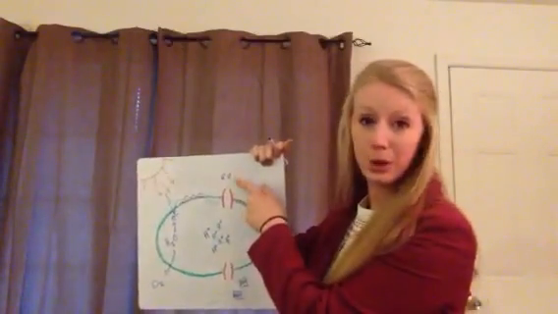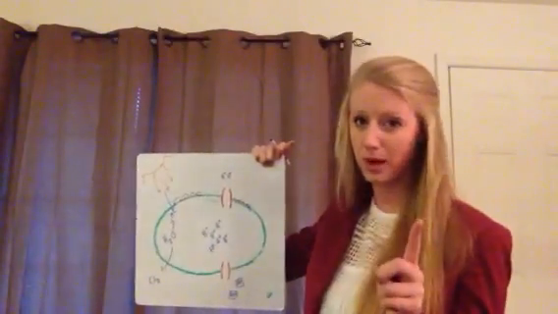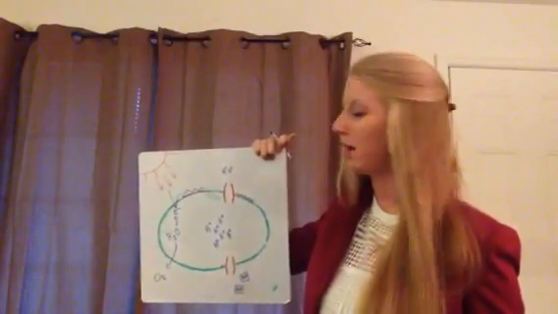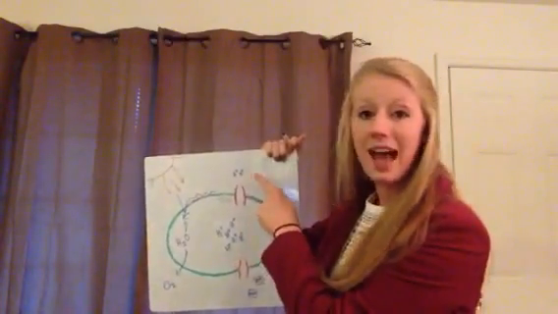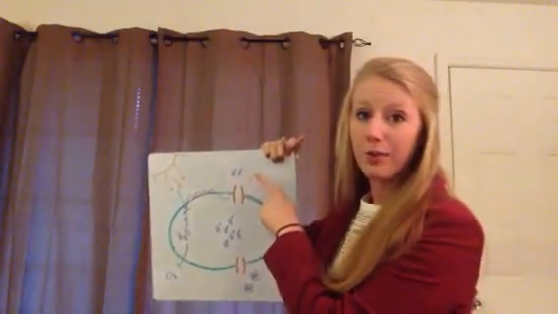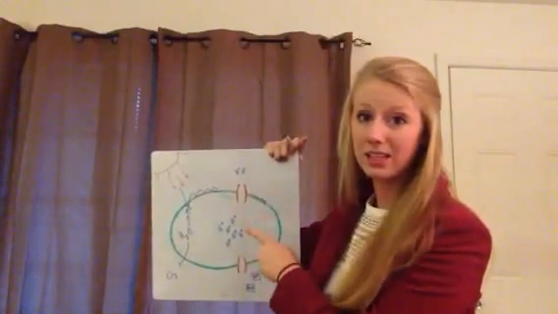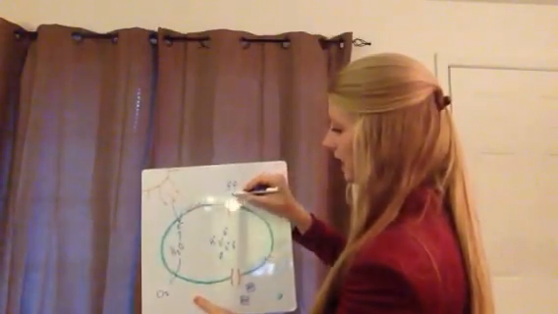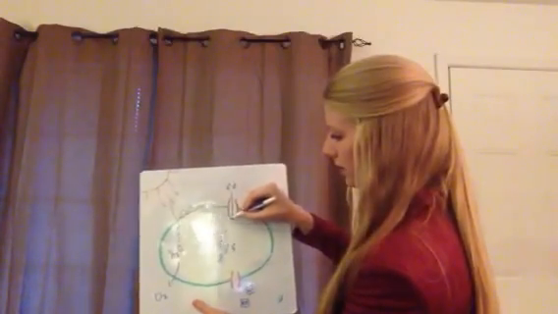Alright, so we've got some protons. Remember, those are positive, electrons are negative. Protons are H+ ions, and they are going to actively transport from outside of the cell into the cell. So this carrier protein is going to facilitate that active transport.